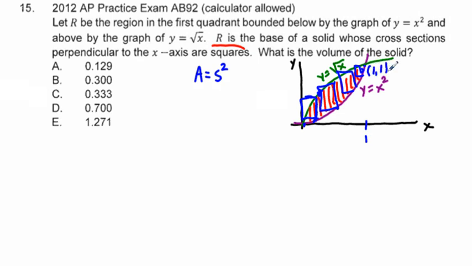And what that means is that our answer is going to be an integration from the limits of 0 to 1, and we're going to take the upper function, which is square root of x, minus the lower function, which is x squared, and to get a square, we're going to take our formula, A equals s squared, and square that, and then we have dx. Now, assuming that we've entered everything correctly, we'll see what kind of answer we get.